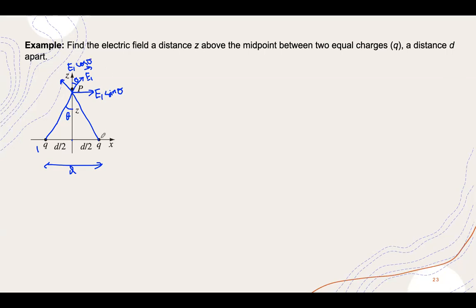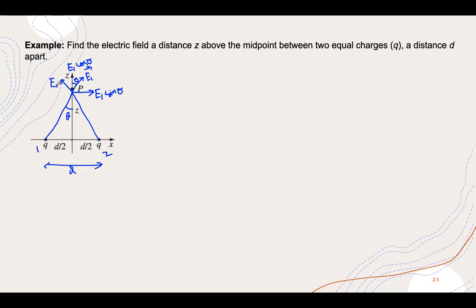Similarly, let's suppose this is charge 2. For charge 2, again, we can have E2. However, since we know that the charge is the same, which is q here, the electric field due to charge 2 is simply E1.